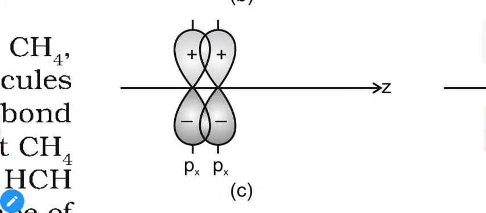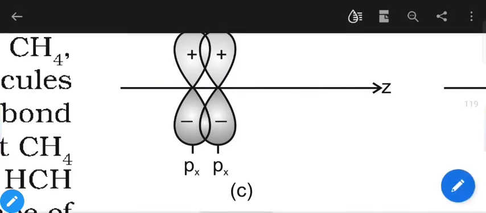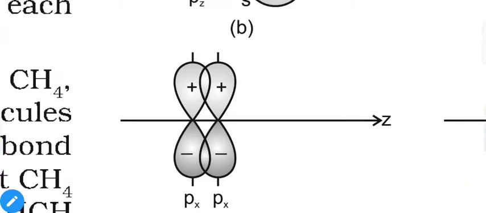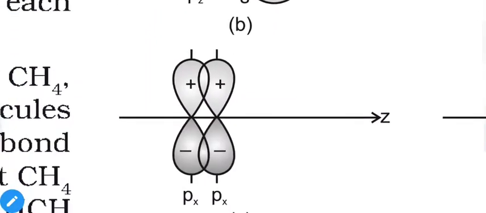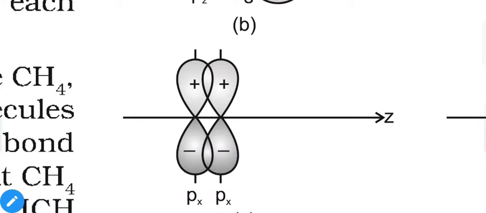When we have two px orbitals, they will be parallel to each other. Only one of the three p orbitals, px, py and pz, will overlap in a straight way as mentioned in this case. The remaining two will overlap this way, parallel to each other.